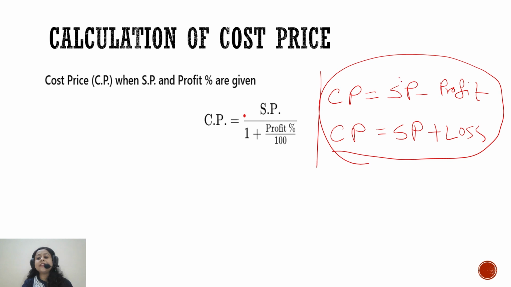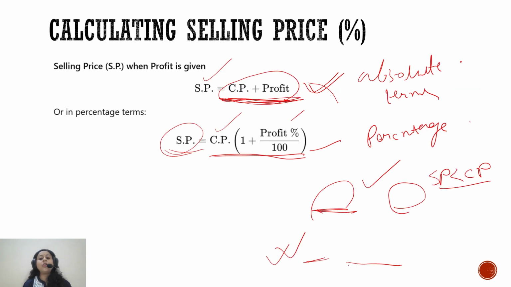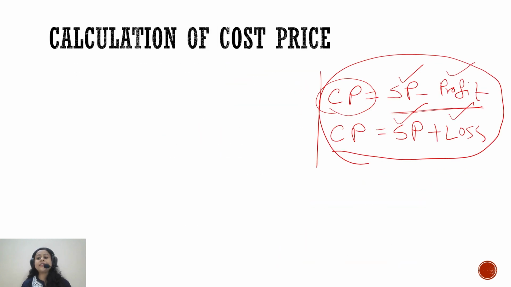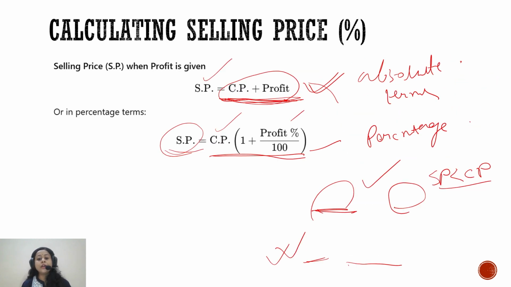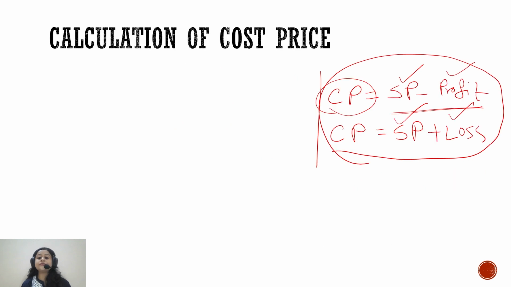When selling price is given and profit is given, or selling price is given and loss is given, and you don't know the cost price, then you have to apply these two formulas, just the opposite of these. Cost price will be selling price minus profit, and here selling price plus loss.